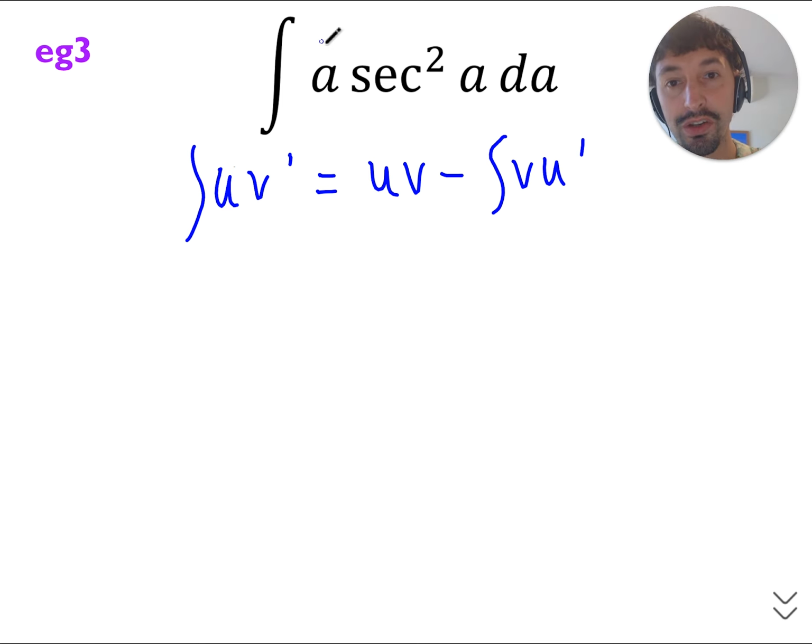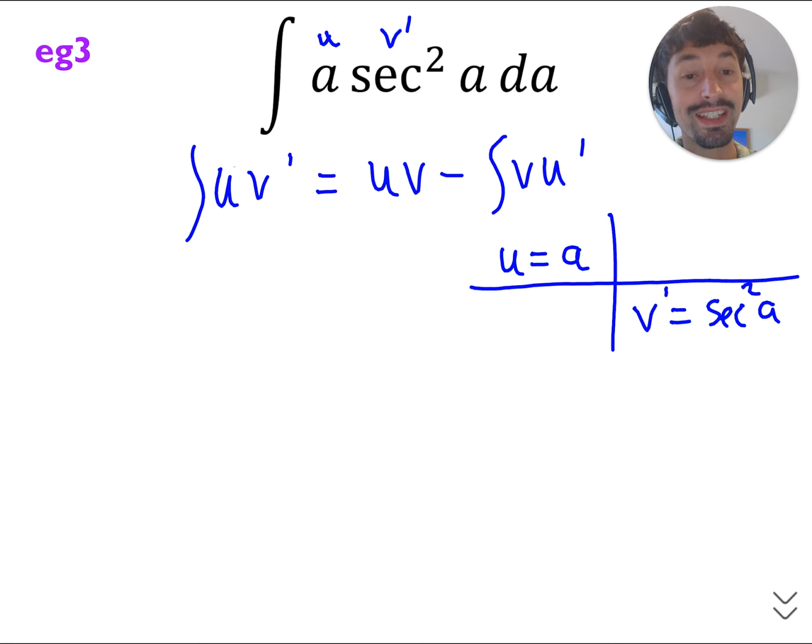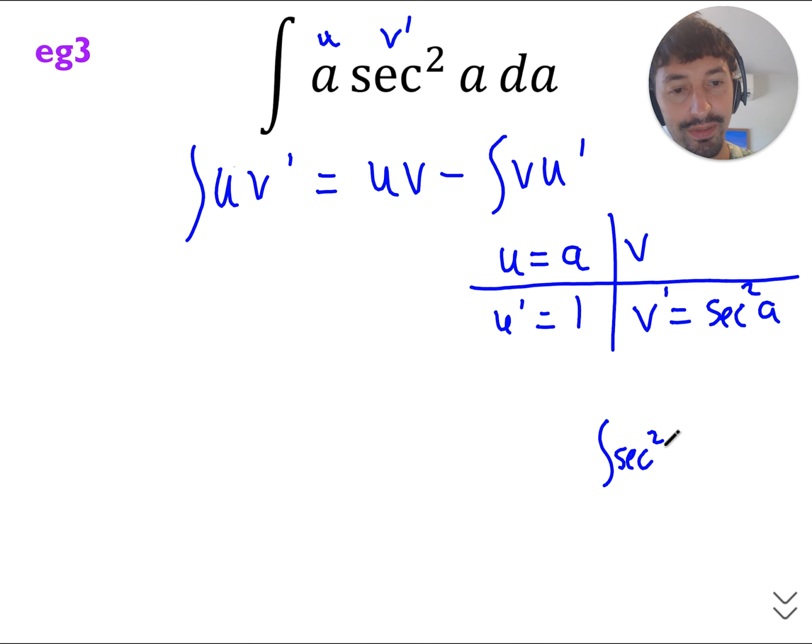So I'm going to assign u to be a and v dash to be sec squared a. If u is a, and we differentiate a with respect to a, we get 1. And we just need to remember the integral of sec squared a.